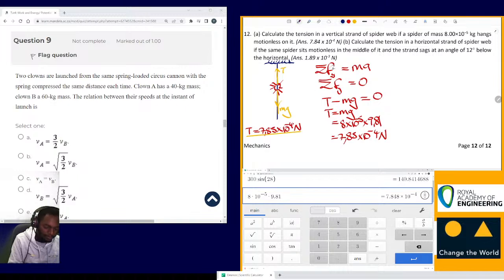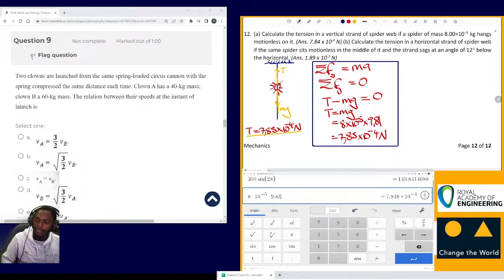Alright, so that is how we in principle used Newton's second law again to find the component of the tension.